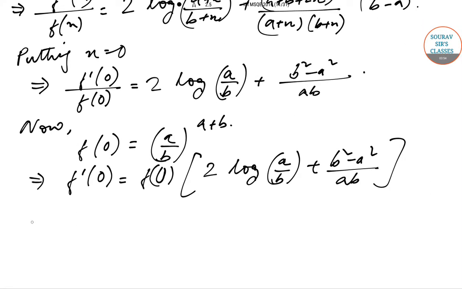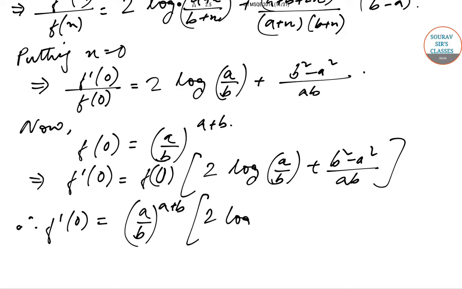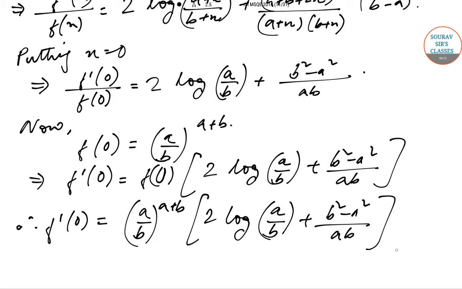So f dash 0 is (a by b) to the power (a plus b) into (2 log a by b plus (b square minus a square) by ab), and this is the option B.